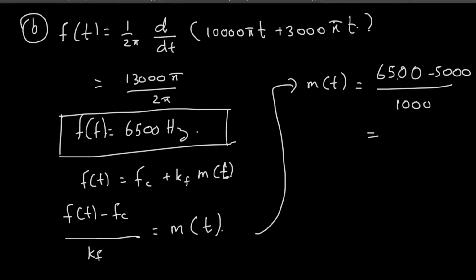If you solve, this is going to be 1,500 divided by 1000, that is 1.5. Okay, m(t) is 1.5.